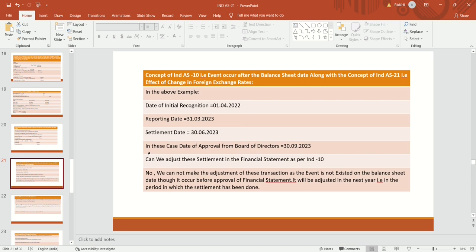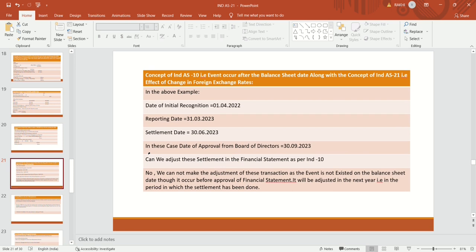Though it exists after the reporting date and before the approval of the financial statements, the event did not exist on the balance sheet date. It is a non-adjusting event occurring after the balance sheet date. If there is evidence that the event existed on the balance sheet date but was incurred after it, then we will take it into consideration.